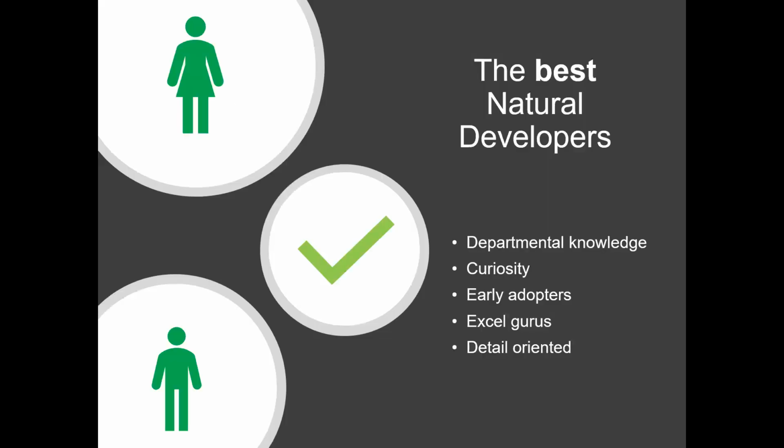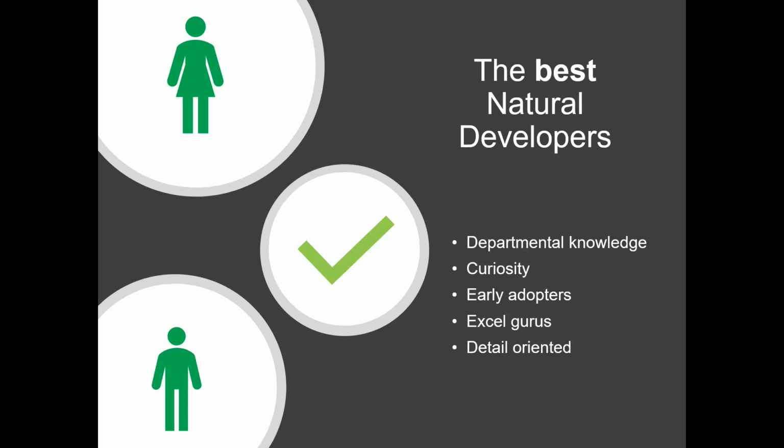So what about these natural developers? Everybody knows these people in a business. They're the people with the departmental knowledge, high curiosity, early adopters. Typically, they're Excel gurus. They're the people who build all these crazy spreadsheets that we see, and we build to run our business and to create reports and to do business analysis and all that kind of thing.